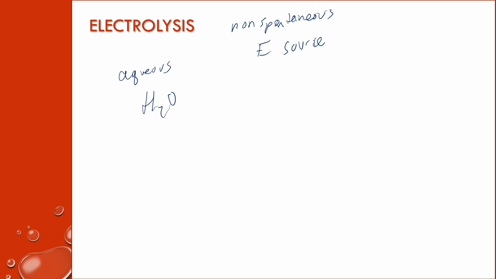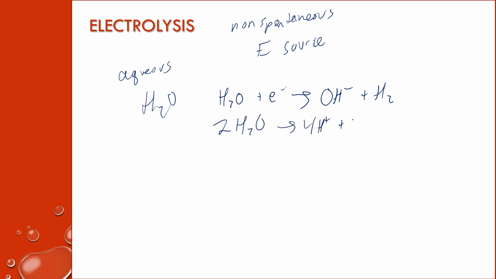So the water that's present in your aqueous solution can gain electrons to form hydroxide ions and hydrogen gas, or the water can lose electrons to become hydrogen ions and oxygen gas. So water basically can do both.